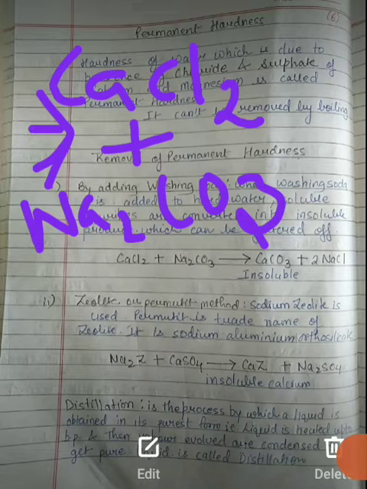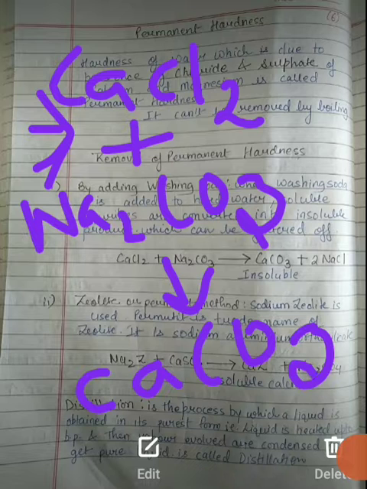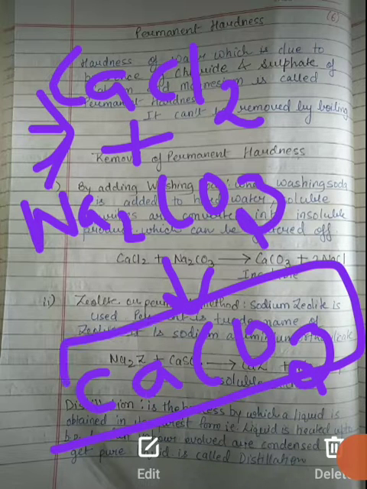So this will react together, and we get CaCO3 as insoluble, and we will get 2 moles of NaCl, that is sodium chloride.